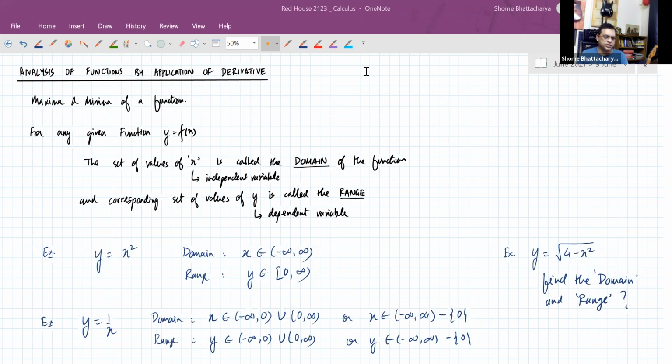Yes, very good, Akshat. That's correct. No, Anshul, I'll give you an example. If you take the value of x as 5, you can see y is not defined for that. Yes, Adinath, almost correct, but remember that 4 minus x square can become equal to 0 also. It need not be positive.